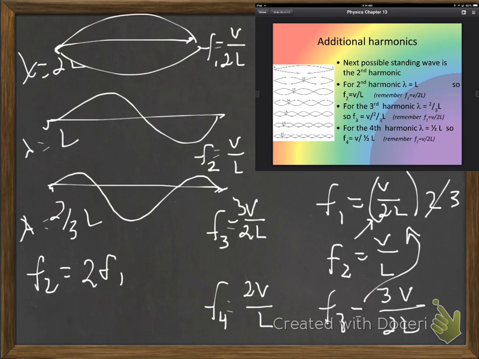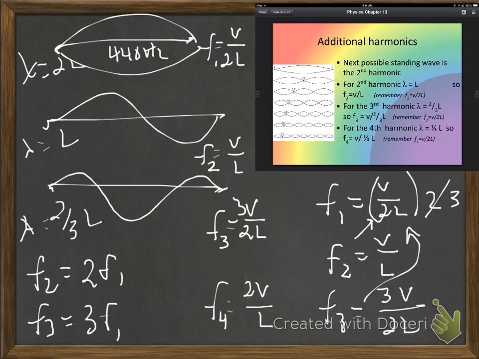This is strings and open pipes. Yeah, we're getting there. f3 is 3 times f1. Pretty handy. Nice little trick. So you can go right up the harmonics, and if you have a 440A as your fundamental for something, so if the frequency here is 440 hertz, what's the frequency of the second harmonic?